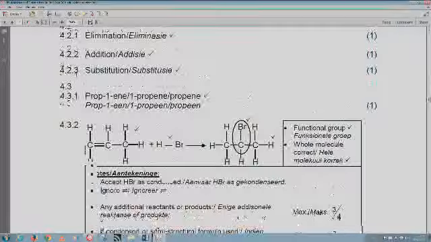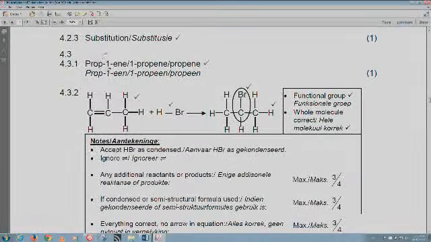So the IUPAC name of compound X is prop-1-ene, or 1-propene, or just propene. Colleagues, just ensure that the learner writes all the required hyphens there. For a missing hyphen, even if one of the hyphens is missing, it means the 1 mark is gone. So between the name and the number must be a hyphen.